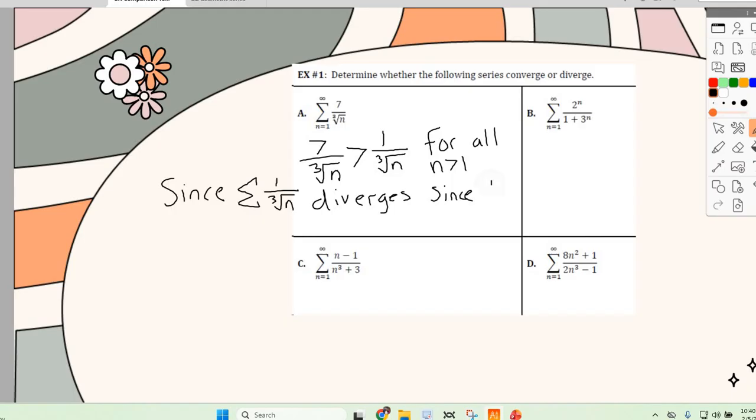So it diverges because our 1/3 is smaller than 1. By the direct comparison test, the sum of 7 divided by the cubed root of n diverges.